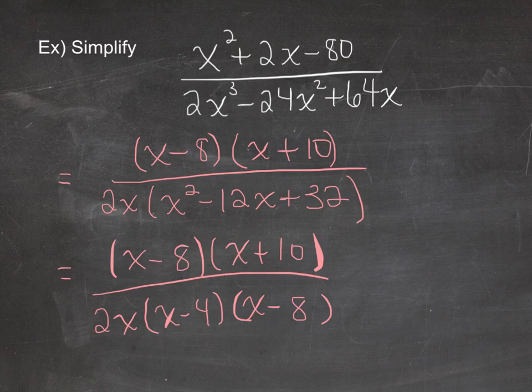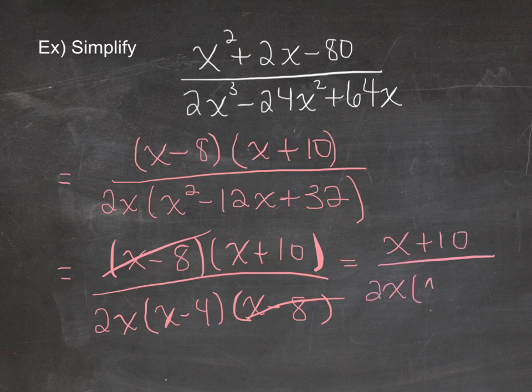And then because everything is being multiplied together, I can cancel things out. So I have an x minus 8 on the top and an x minus 8 on the bottom, so I can cancel those. And that's all I have. So now my rational expression simplifies to x plus 10 over 2x times x minus 4.